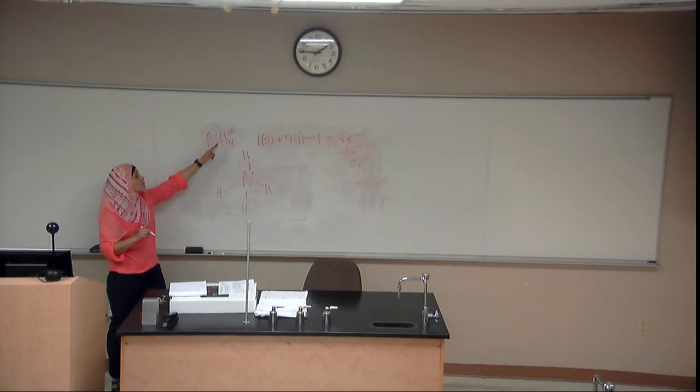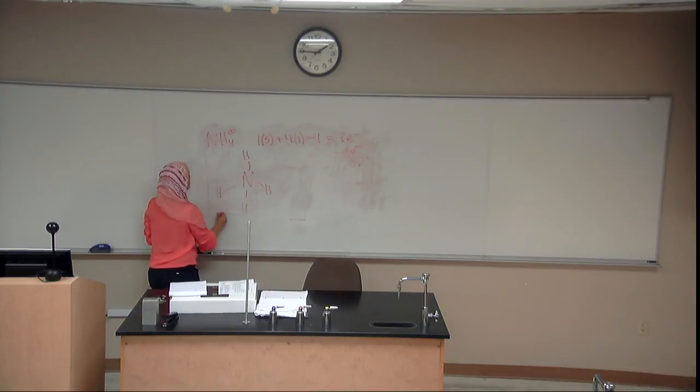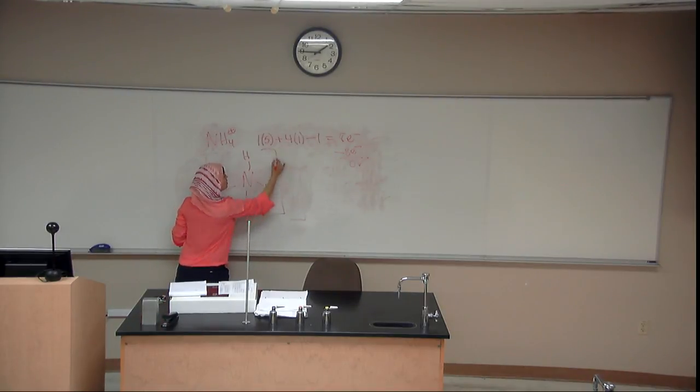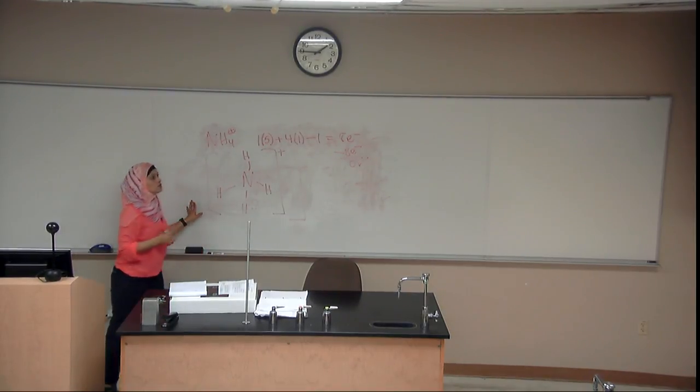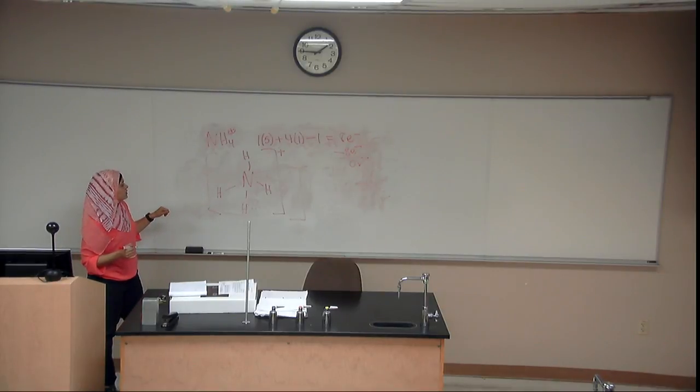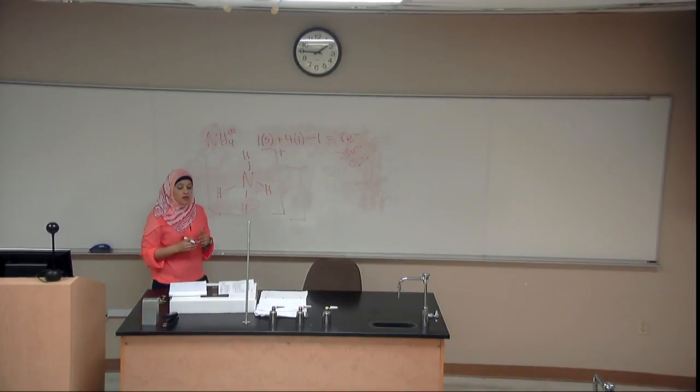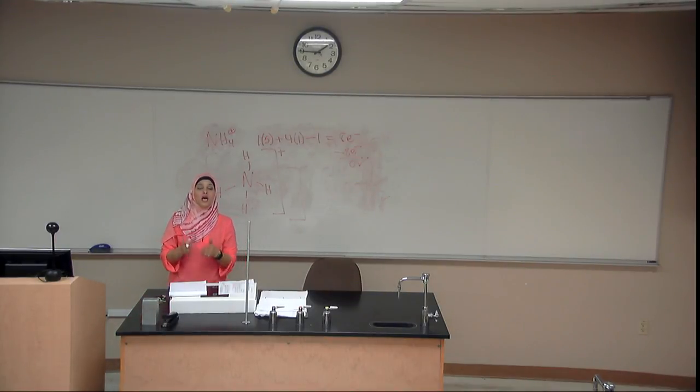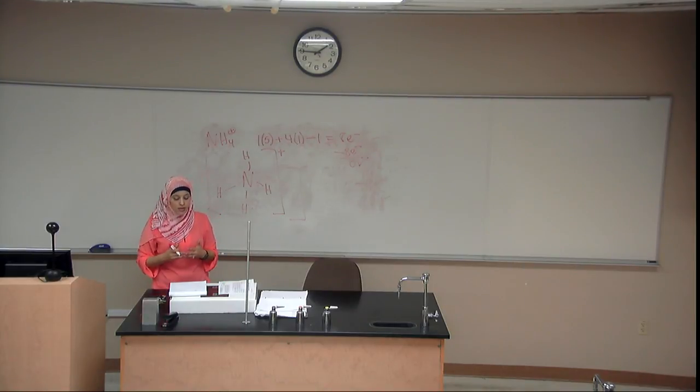But don't forget, because this is a cation, right? We're going to put brackets on this, and we're going to put a plus to remind us of that. All right? So that sums it up for doing simple Lewis dot structures for up to tetrahedral compounds that abide by the octet rule.